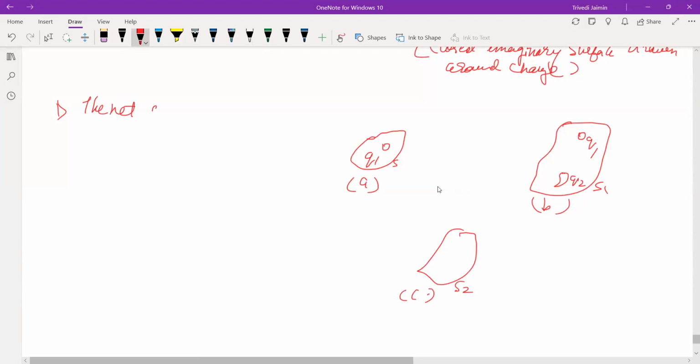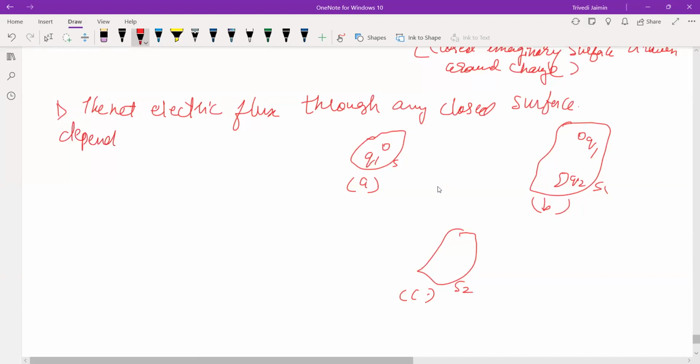Net electric flux in a closed surface depends on the charge inside the surface.